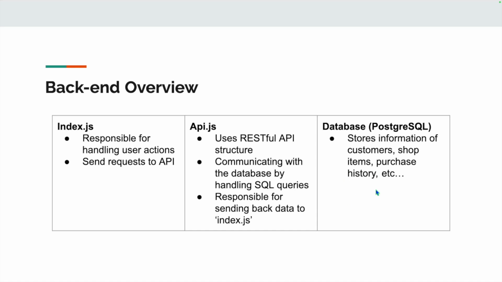And once the database has sent the information back to the API, then the API will send that data back to index.js, and index.js will then display the information about the user's orders to the front end.